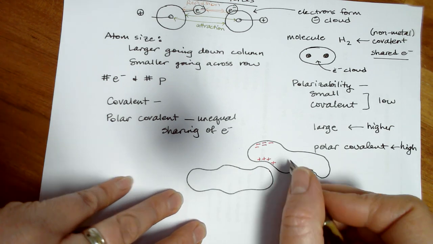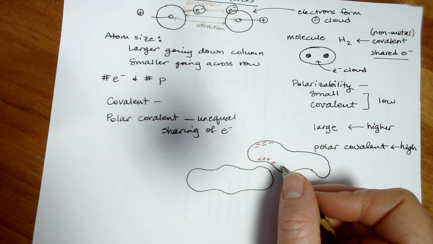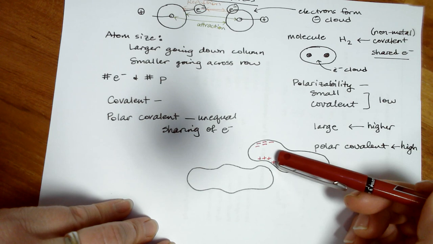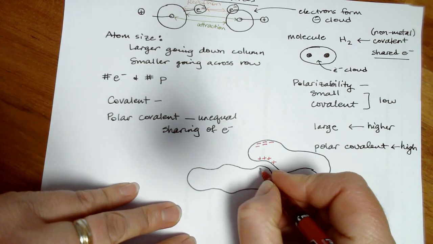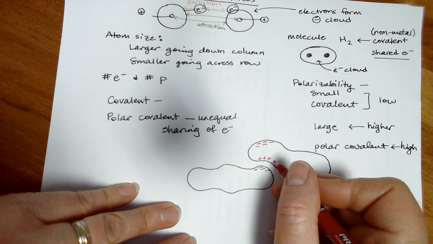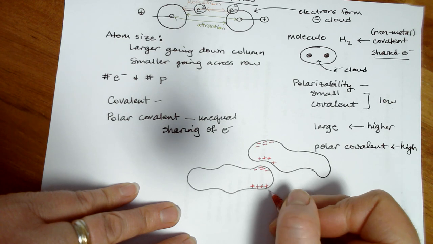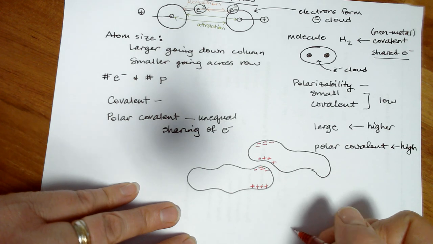And if this molecule feels that a molecule nearby all of a sudden set up a positive charge over here and a negative charge over there, then that's going to induce some amount of negative charge in this nearby molecule, which will then create a little bit of positive character on the other side of that molecule, which will affect the next molecule and the next molecule and the next molecule.